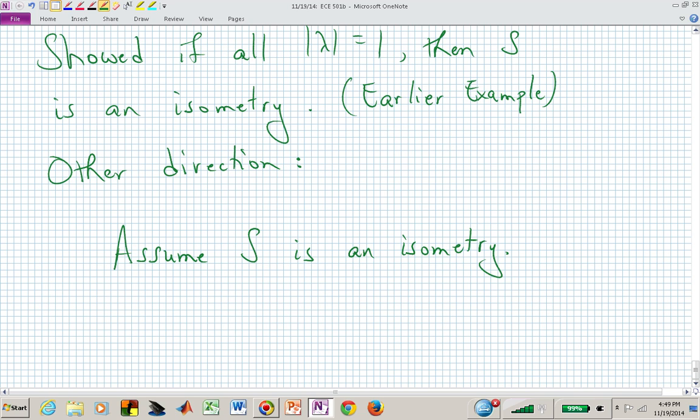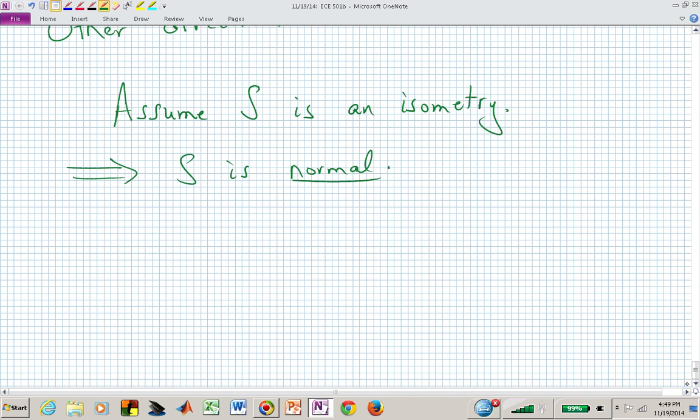Suppose we assume S is an isometry. We now know that that means it's normal. S is normal. And what do we know about normal operators from our spectral theorems?